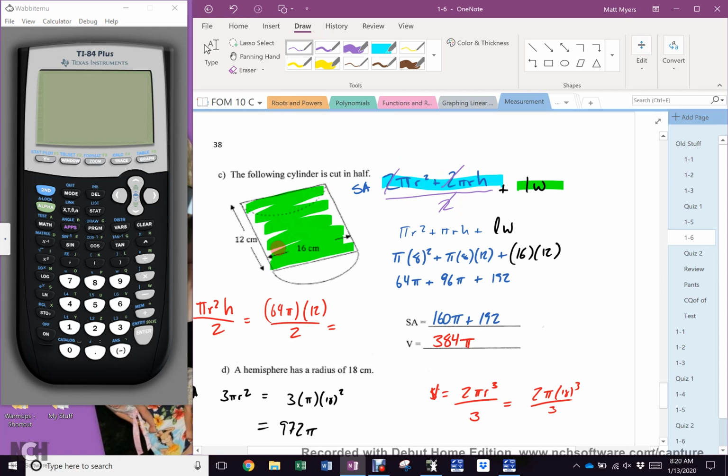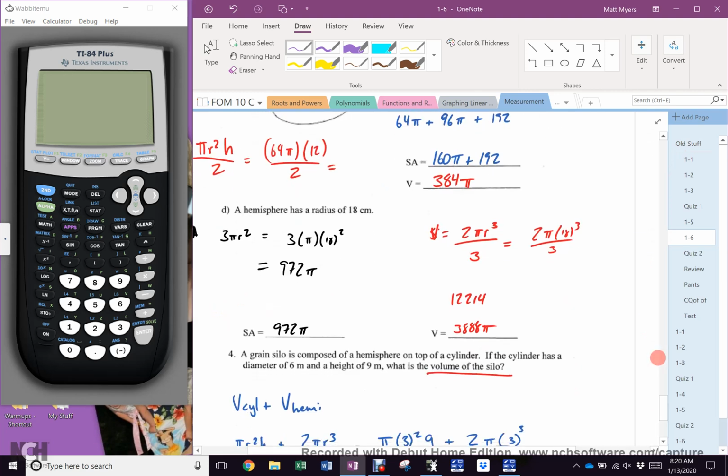But I made this new green rectangle, which is right there. Then you just add it up. Volume, of course, pi r squared h divided by 2, because no new volume. And hemisphere, we did these notes. Surface area, hemisphere, 3 pi r squared. Volume of a hemisphere, 2 pi r cubed over 3.